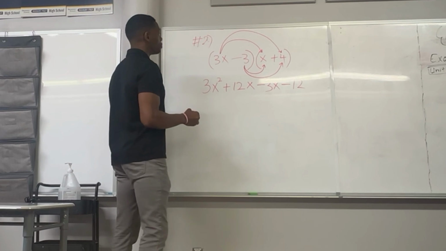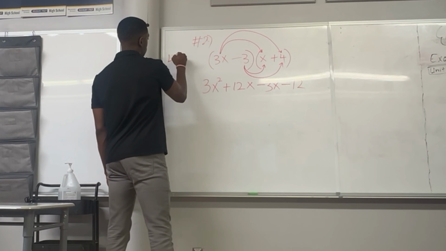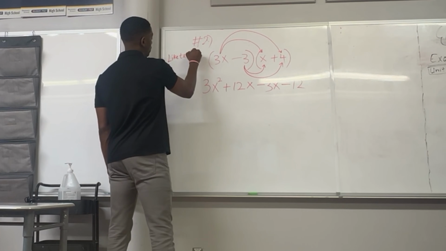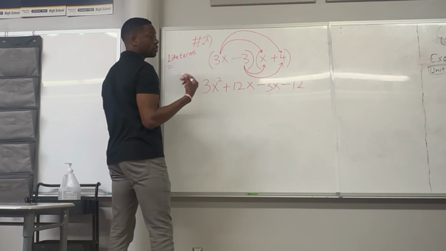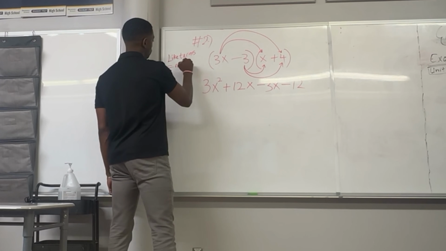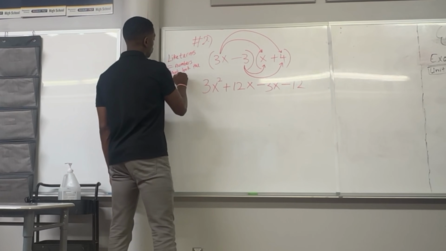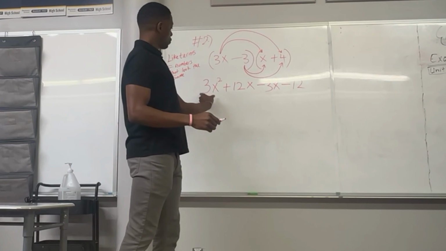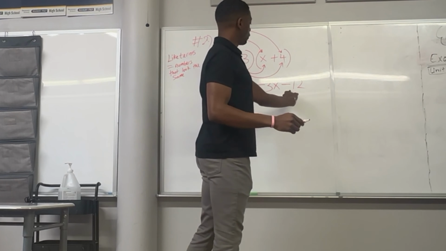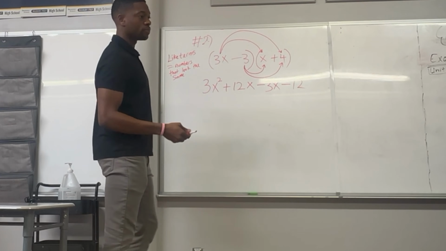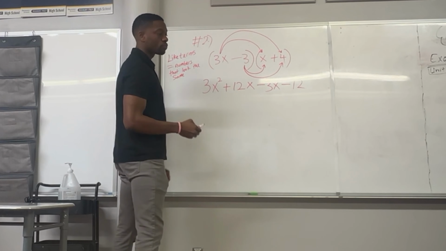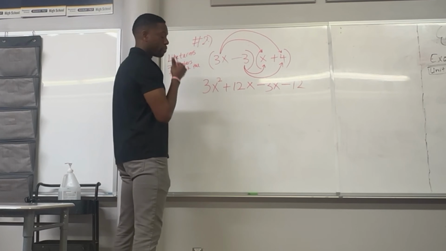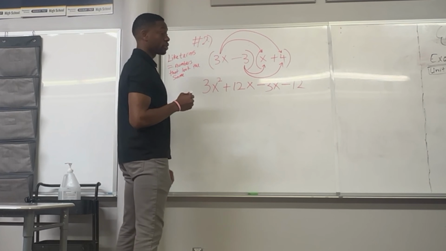Now I have like terms, meaning I have numbers that look the same. You don't have to write this, right? Look at this. 1, 2, 3, 4. Which ones have the same thing? 12x, and which one?